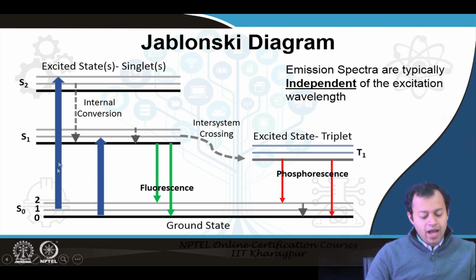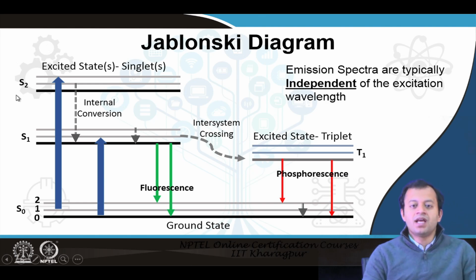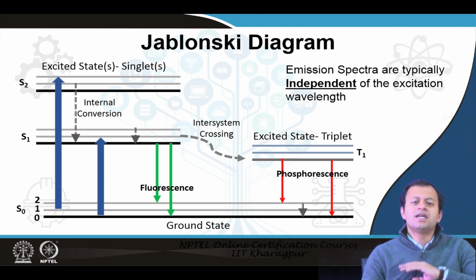Meaning, as long as this hurdle between S0 to S1 is over, you will get a fluorescence, because no matter what energy you have supplied, if you are not breaking the system, if you are not completely destroying the system, it does not matter if it has gone to S2, S3 or S4, because from S2 to S1 or S3 to S1 or S100 to S1 is very rapid, very fast, because these are incredibly unstable energy levels.